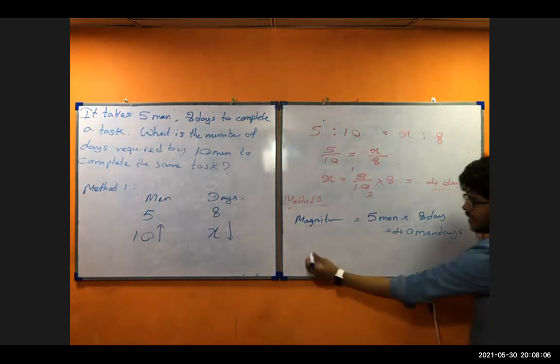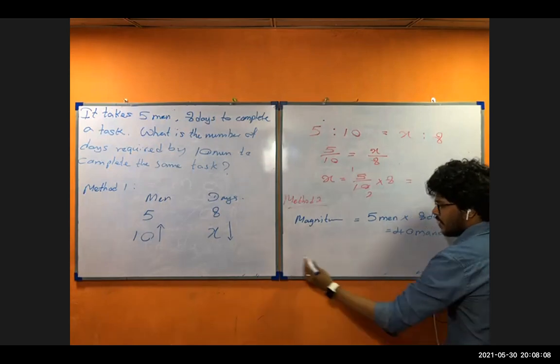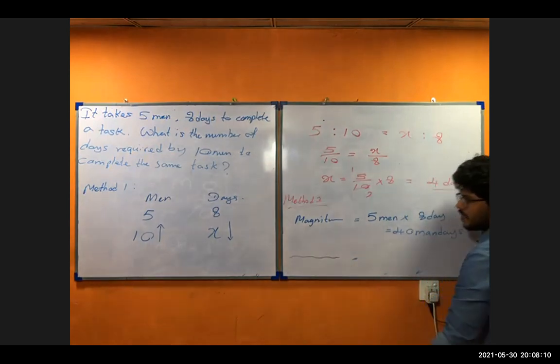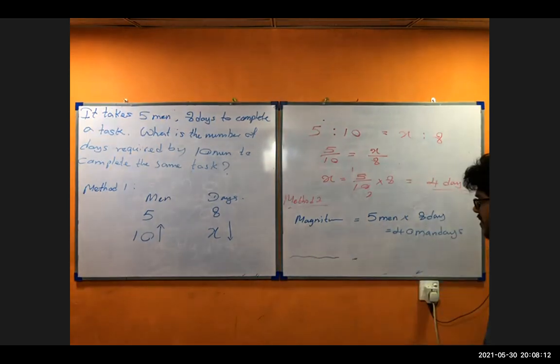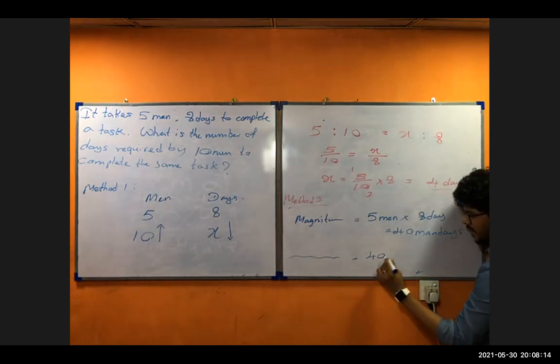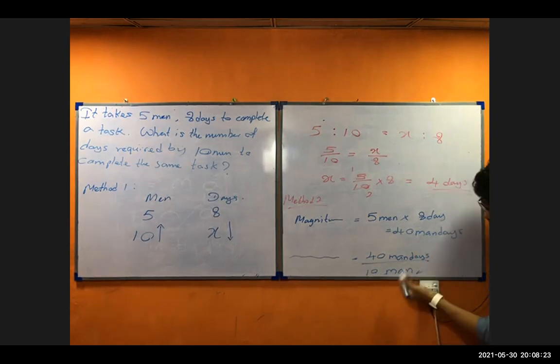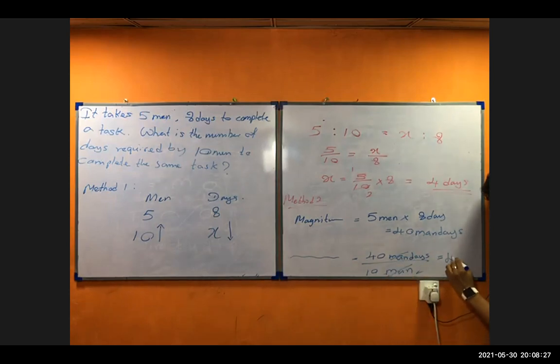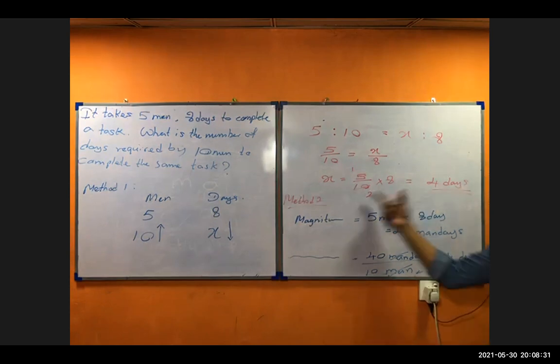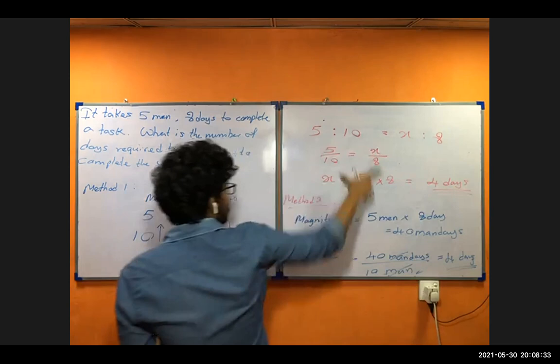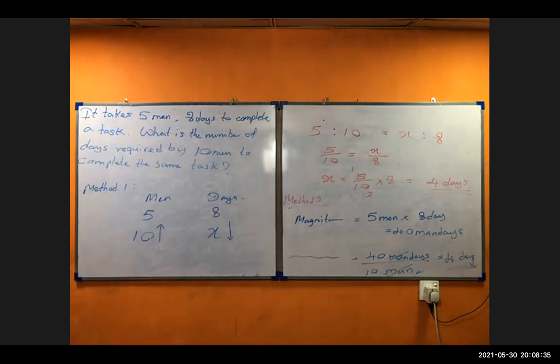The number of days required by 10 men is equal to 40 man days divided by 10 men. Man cancels man, so it is 4 days. You can use any method, but I think this method is much more convenient.